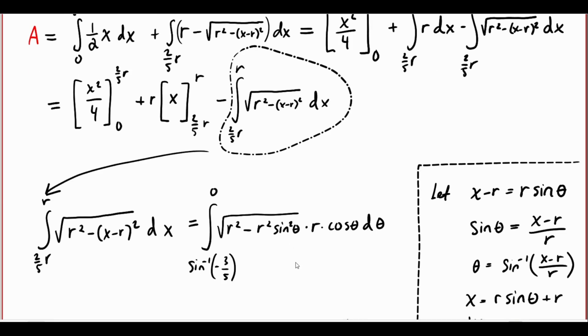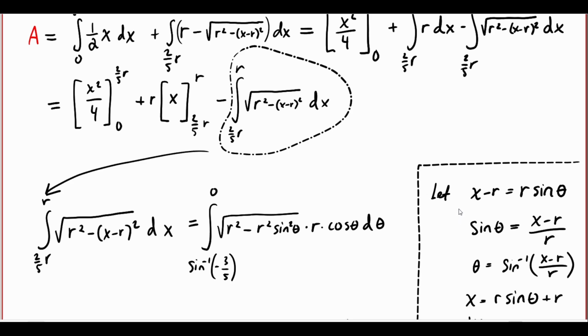So in this case, we set x minus r equal to r times the sine of theta, the sine of this angle. The reason we do this is that we can re-express this as a simpler expression, and hopefully we will find the primitive function of the simplified function after we do this substitution.